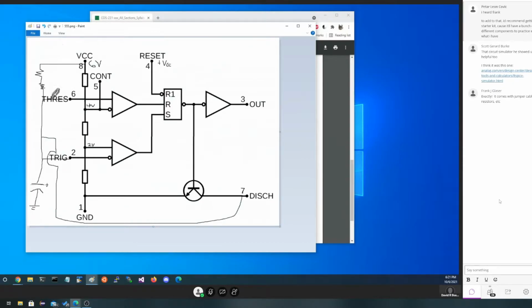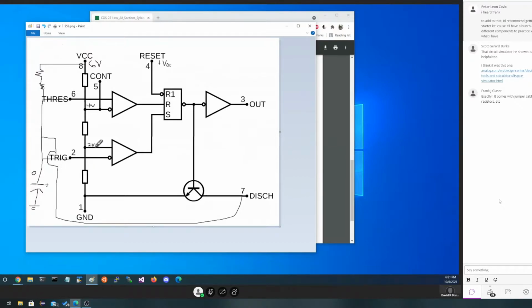So when I first turn this on, trigger and threshold are looking at the top of the capacitor, who's grounded, and they say 0 volts. So currently, the top of the capacitor has 0 volts on it.